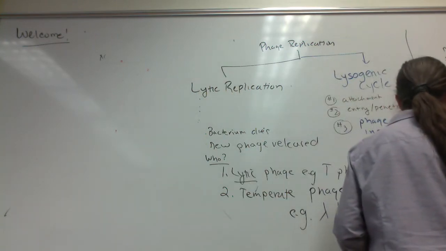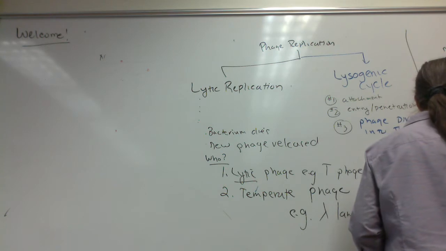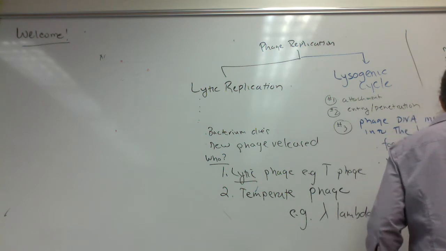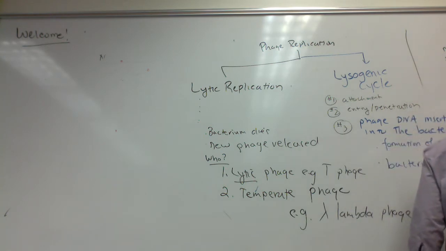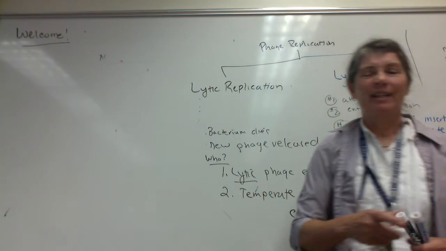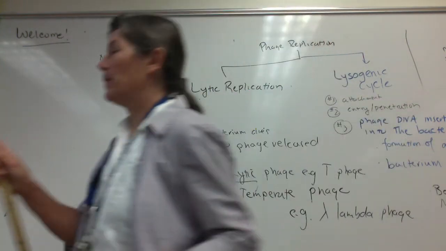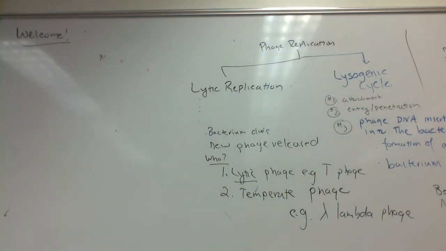So newly replicated phage not released, right? And you're kind of like, well, what's the point, right? But you guys, is the phage DNA being copied generation after generation after generation? Yeah? Okay. So this isn't a dead end for the bacteriophage.